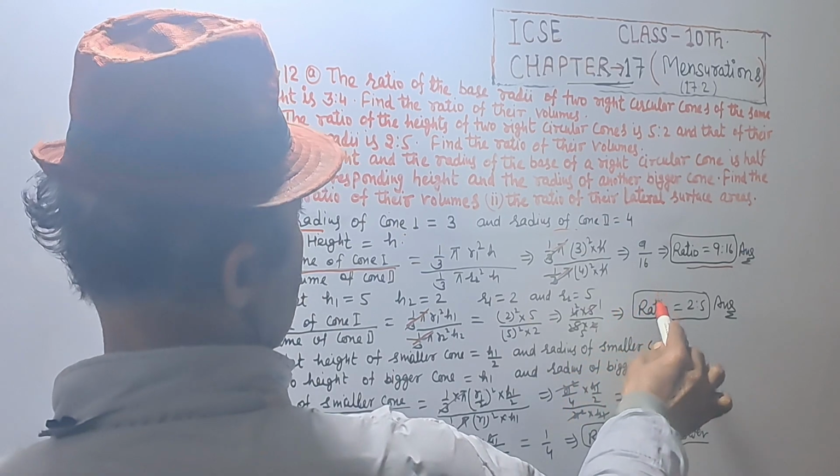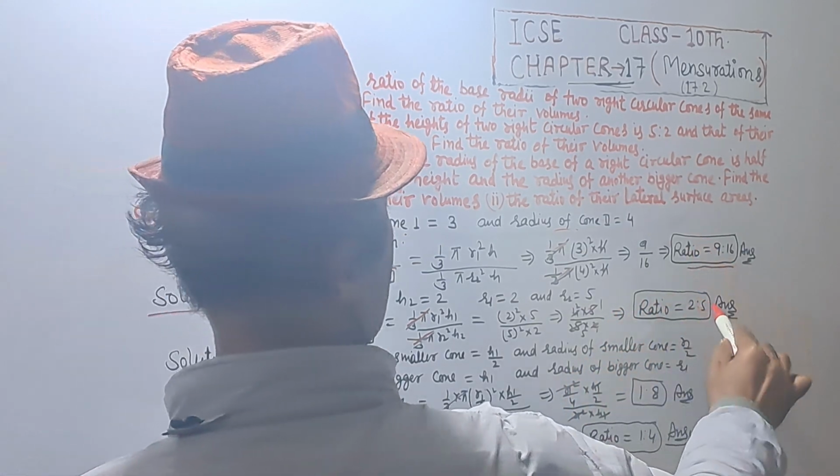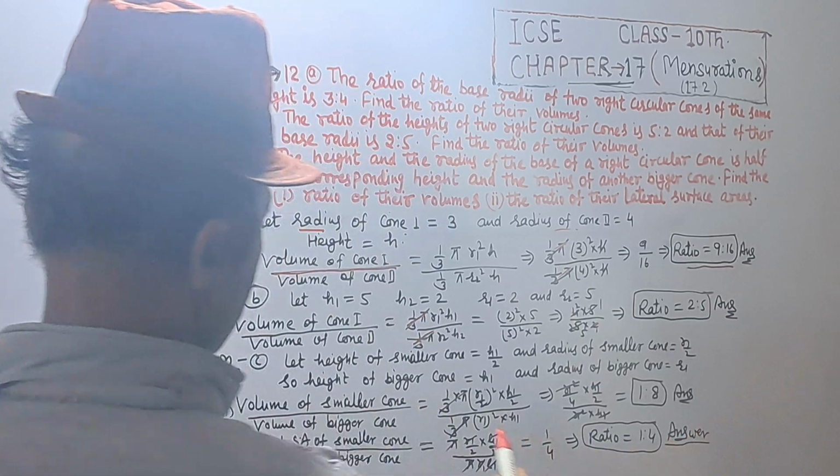So we get ratio is equal to 2:5. Answer.